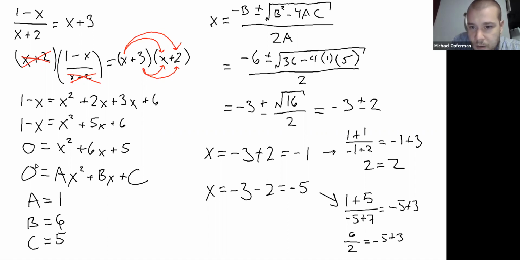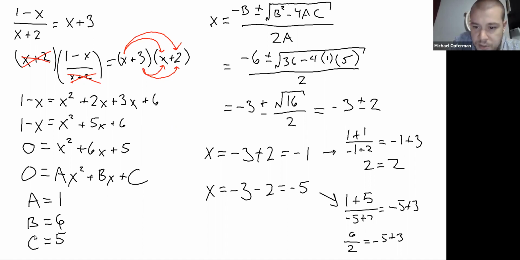4 divided by 2 is 2. Negative 3 plus 2 is negative 1. Negative 3 minus 2 is negative 5. 1 minus a negative 5 is 6. Negative 5. Oh, why did I write negative 5 plus 7?